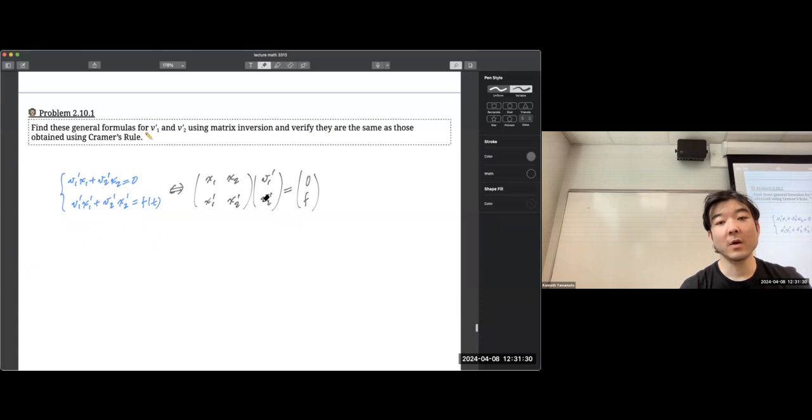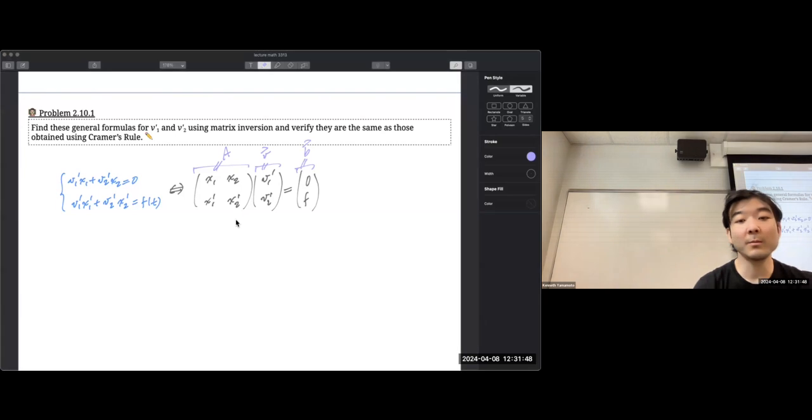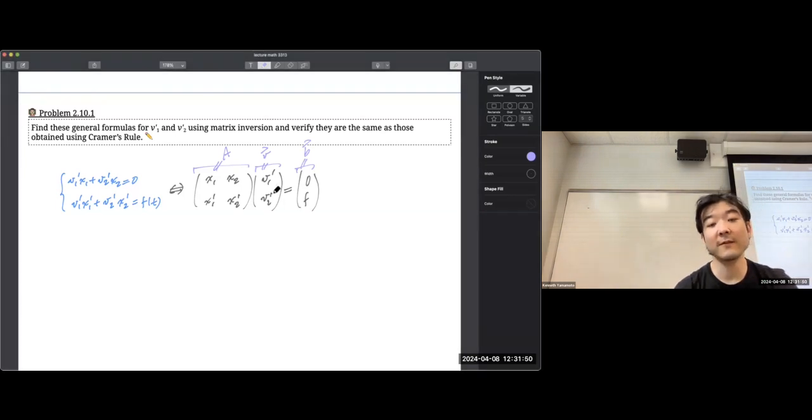So again, this is like our A. In linear algebra, people might call this your A. This might be your solution vector V. And this is your right-hand side, which people might call your B. But if you wanted to find your solution, V1 prime and V2 prime is your solution vector here.